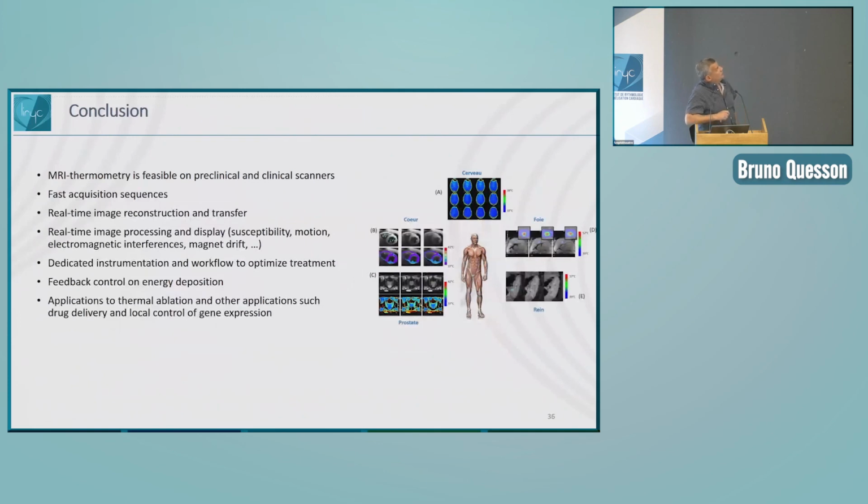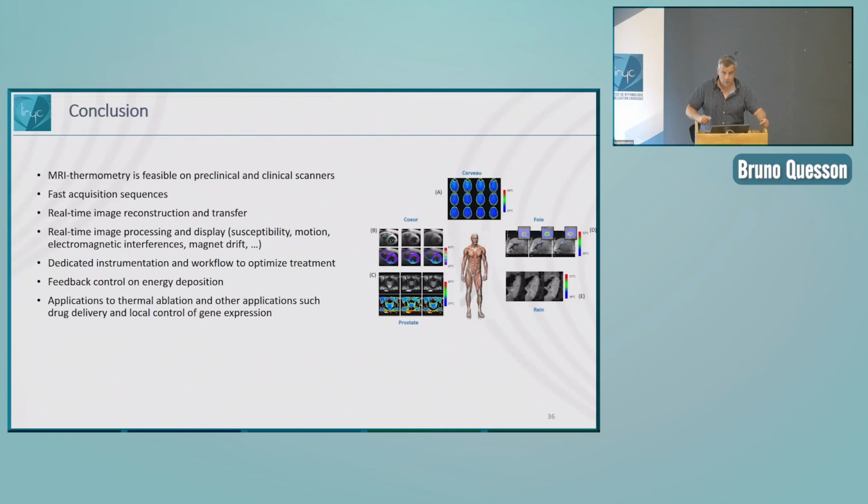So in conclusion, MR thermometry is feasible on preclinical and clinical scanners. It can be used on most of the soft tissues. It relies on fast acquisitions. You need to have real-time image reconstruction and transfer because you want to process this on the fly. You need to compensate for a number of artifacts: susceptibility, motion, electromagnetic interferences, magnet drifts, and you need to develop dedicated instrumentation and workflow to optimize the treatment.